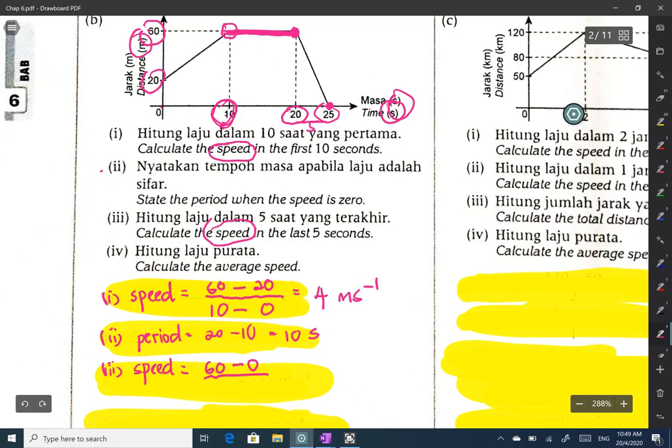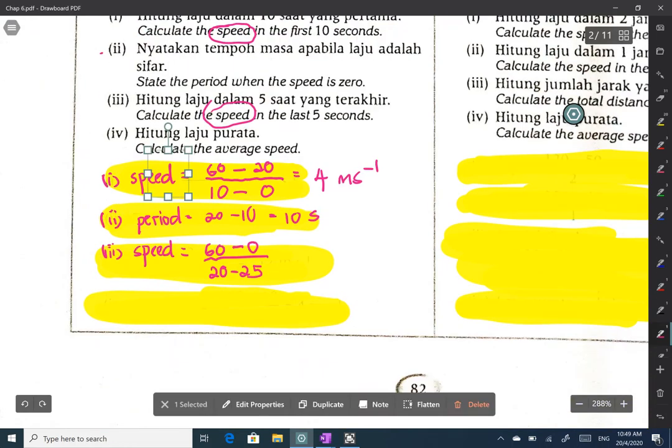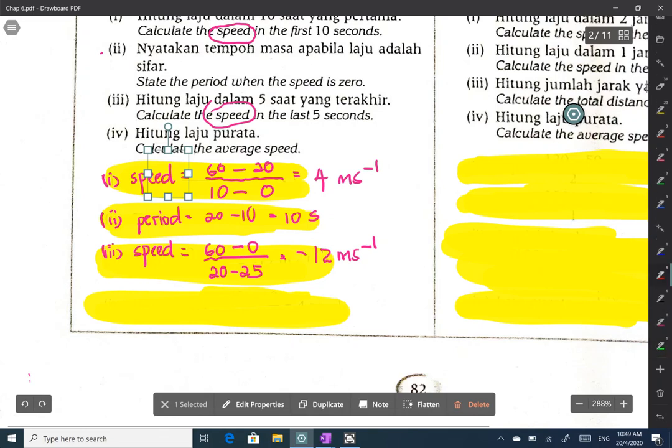It starts from here, so 20 minus 25. So you will get negative 12 m s negative 1. This is negative, that means the particle moves in the opposite direction. A negative answer is not wrong. It only means the particle is moving in the opposite direction, reversed from the original direction.